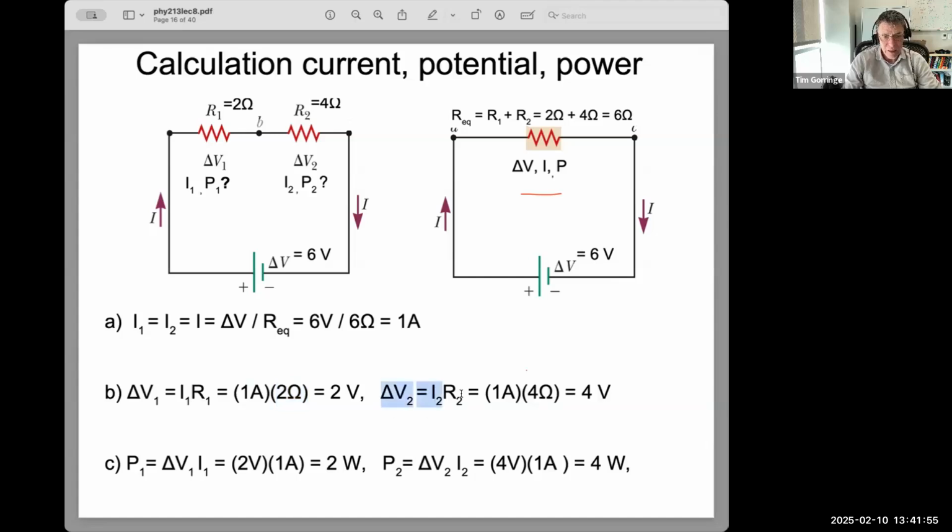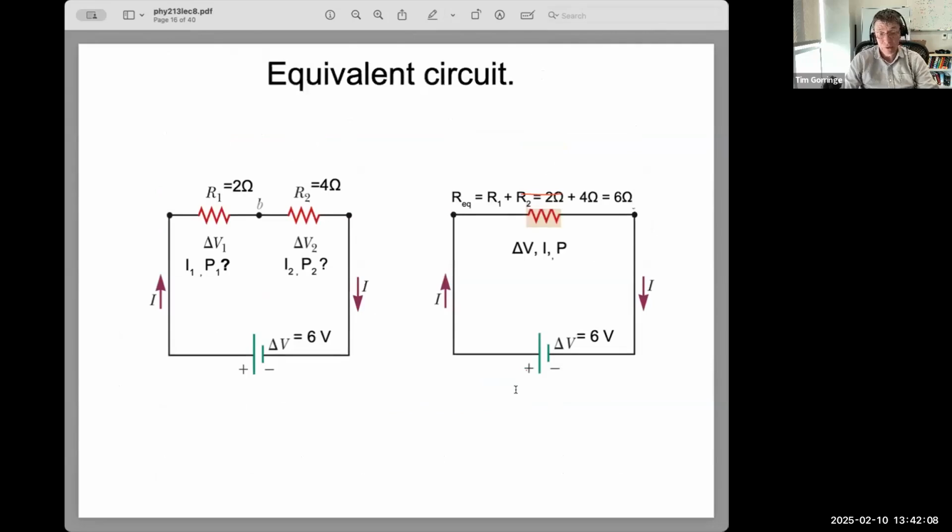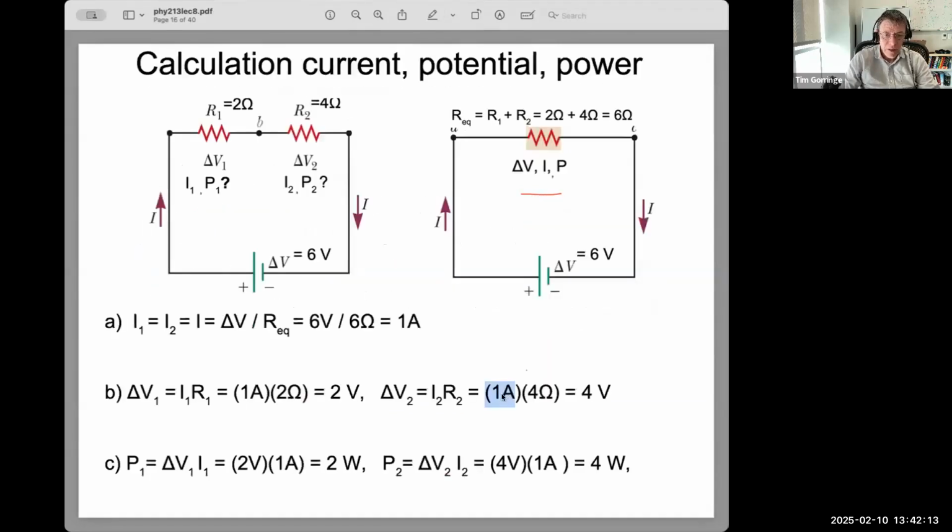Do the same thing for the second resistor. Applying Ohm's law, the voltage across it, V2, is the current through it, I2, times its resistance, R2. The current through it is 1 amp again, same current as through R1. The resistance of it is 4 ohms.